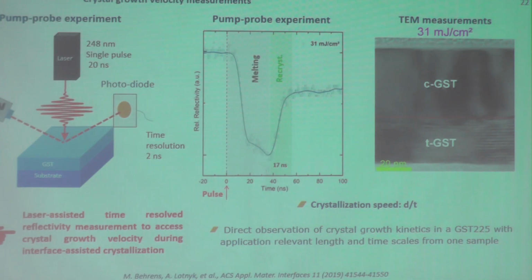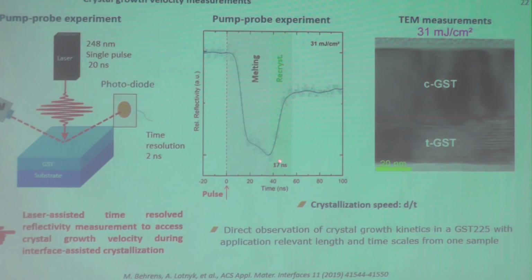Here we started with an epitaxial film in this setup. This axis shows reflectivity against time, and if we apply a nanosecond pulse with a duration of 20 nanoseconds, we can see that the reflectivity of our GST material is changing.